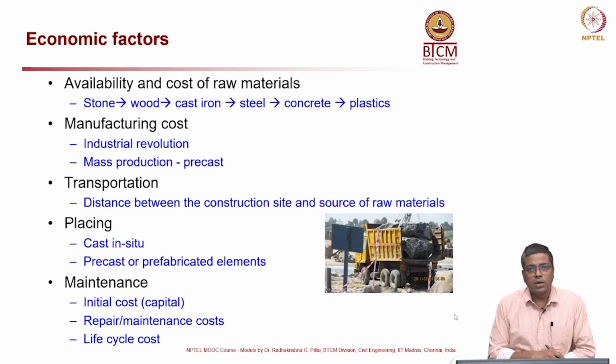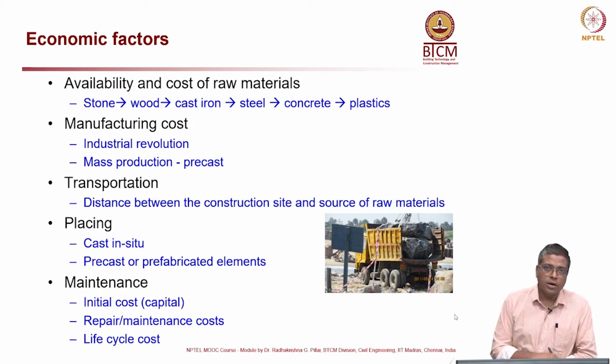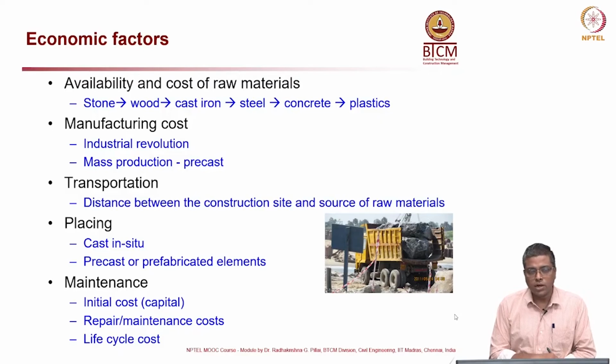Now, when you talk about money, economic factors, what are the factors which affect the cost of construction? Definitely availability of the raw materials is very, very important. In civil engineering construction, whatever material we talk about, we consume them in very large quantity.